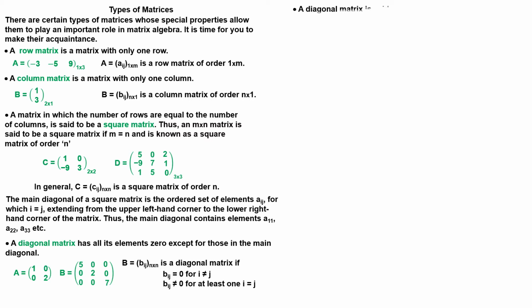A diagonal matrix is said to be a scalar matrix if its diagonal elements are equal. The matrix A is a scalar matrix of order 3. In general, we write a scalar matrix as follows.